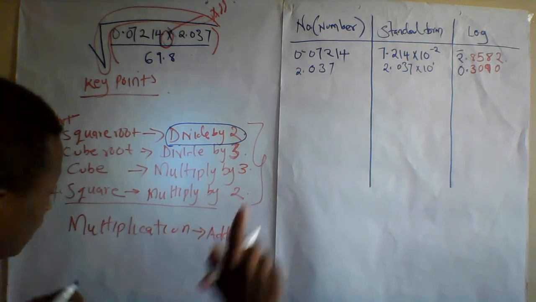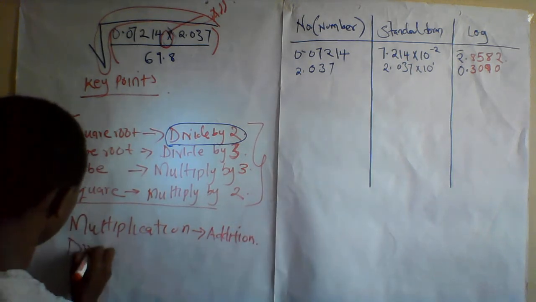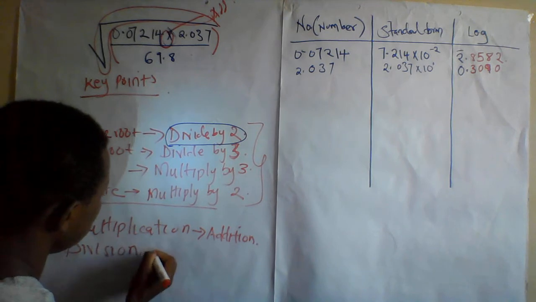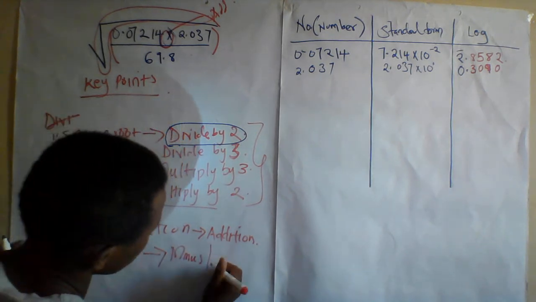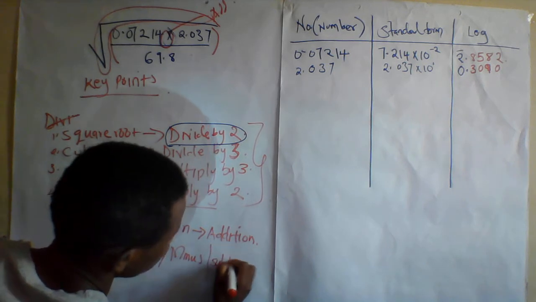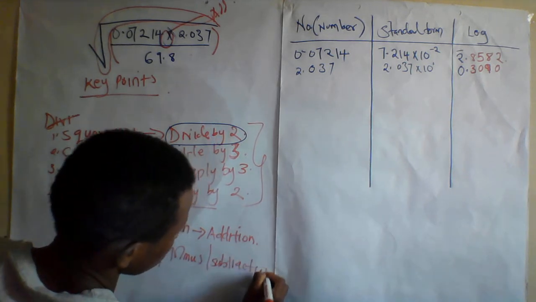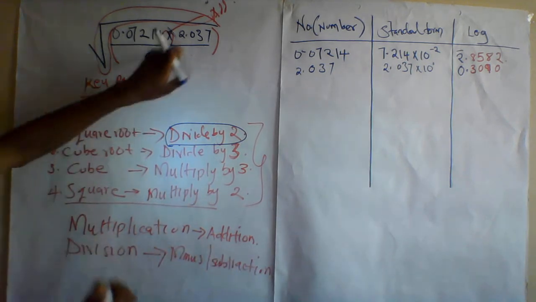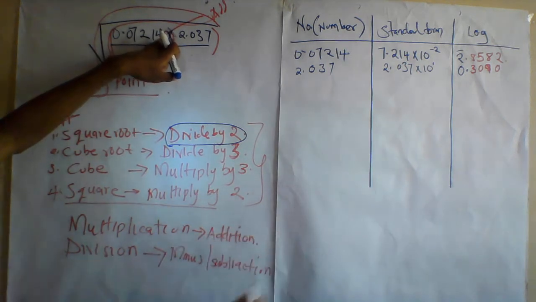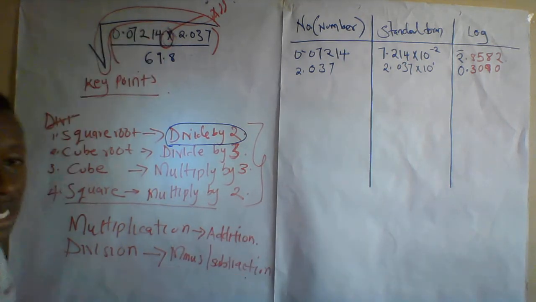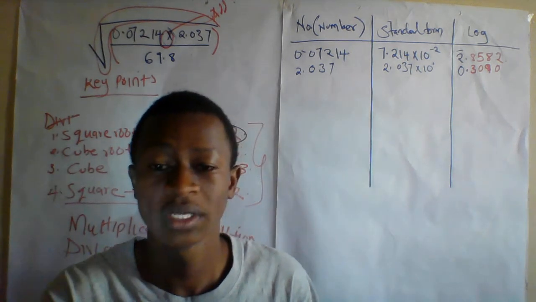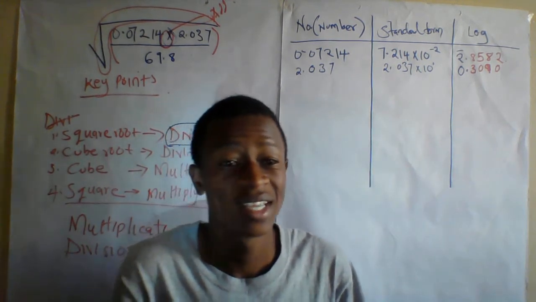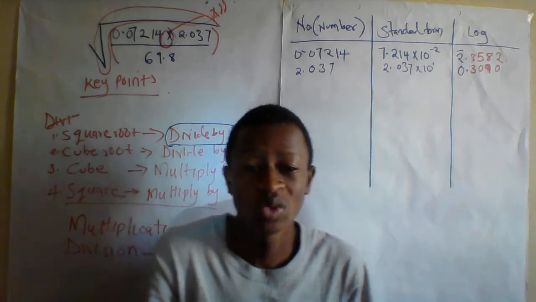The other thing is that if it's division, go to minus or subtraction. So if it's multiplication, you are going to add. If it's minus, subtract. And one thing here, some of the students end up using a calculator. Why? Because they just want to use the shortest way.